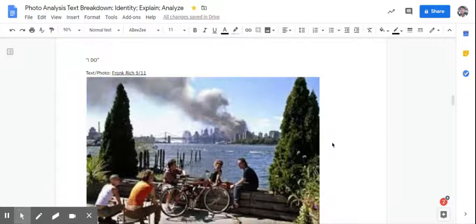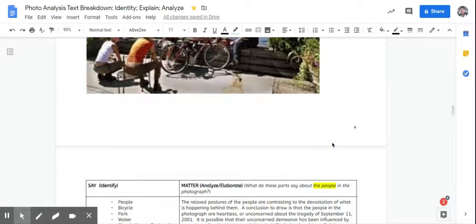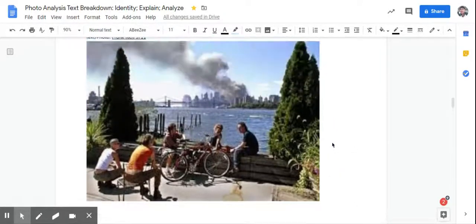And just like we did earlier, you're going to identify and then you're going to analyze. So I'm looking at this photograph, and what I'm going to do is identify what is in this photograph. Identify the parts of this photograph before I analyze these parts.